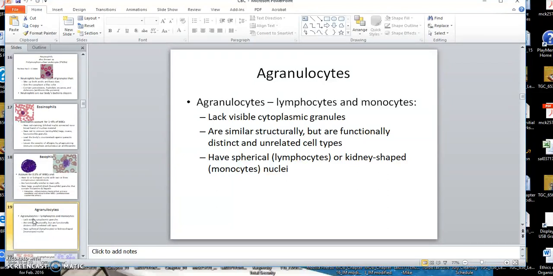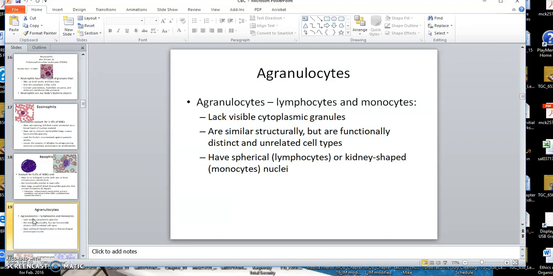B lymphocytes produce antibodies, which we've mentioned before, and antibodies are for humoral immunity. Humoral immunity means that it's in the fluids, that these fight extracellular pathogens, whereas the T cells fight intracellular pathogens or even take out cancer cells.